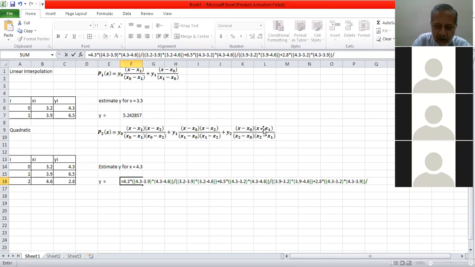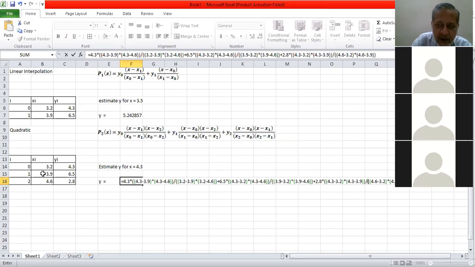We go to write down the denominator now. And that is x2 minus x naught and x2 minus x1. x2 is 4.6 minus x naught is 3.2, multiplied by x2 minus x1. So x2 is 4.6 minus x1, 3.9.